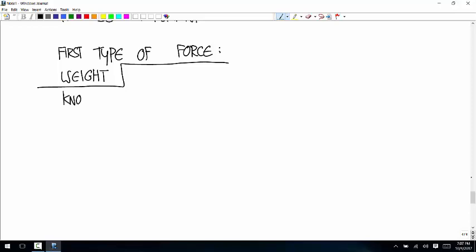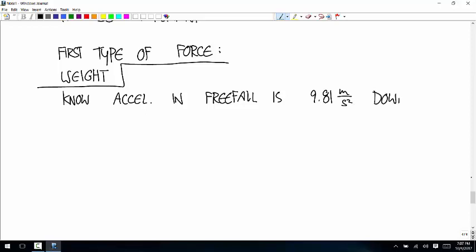So we're going to start with that. We know the acceleration in free fall is 9.81 meters per second squared down.